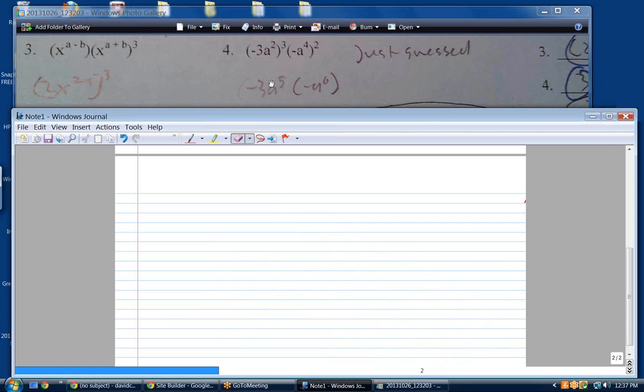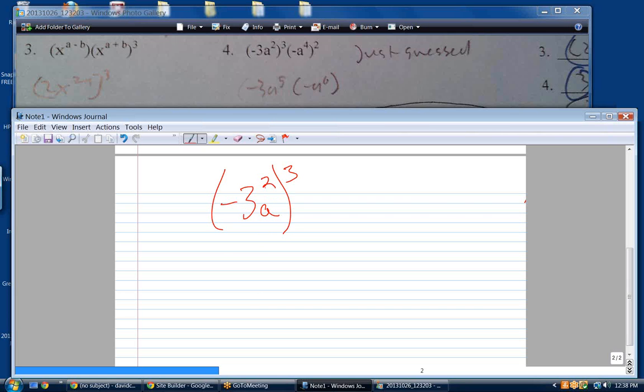So what is this term right here? That is negative 3a squared to the 3rd power. We are exponentiating, so we multiply. Let's just solve this first. Remember, this 3 acts on the minus 3 also.